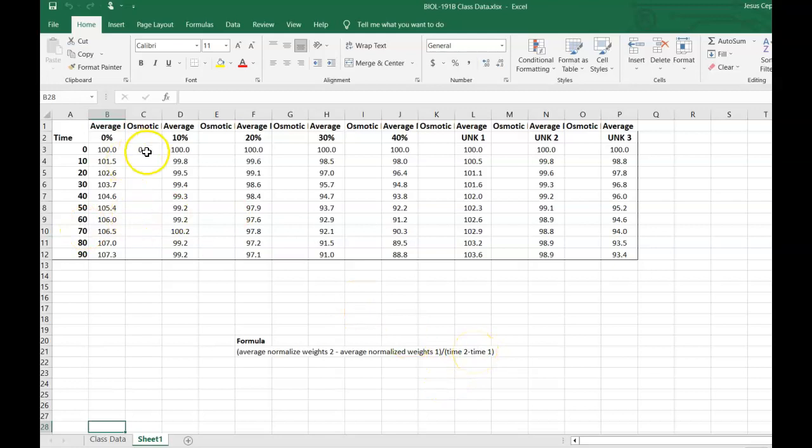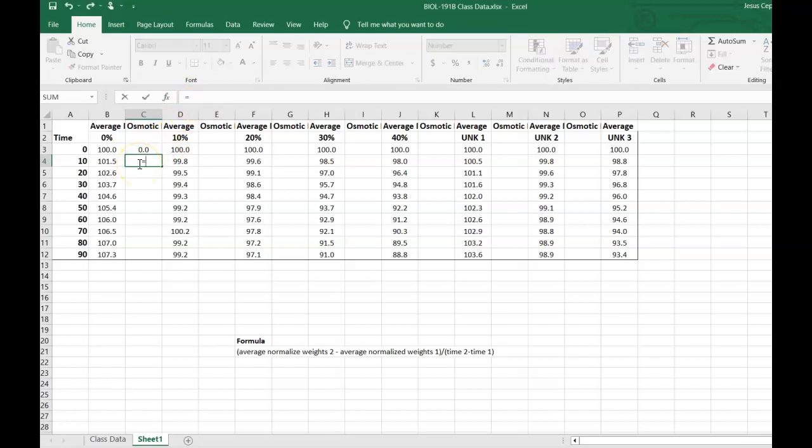I'll show you what I mean. So here, if we want to get the osmotic rate, we're going to use the normalized weights. I'm just going to type in a formula that'll help me get the calculation.